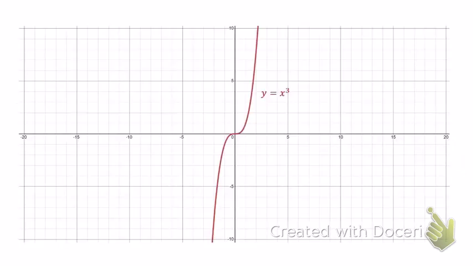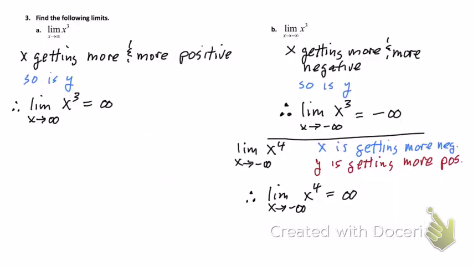And just for good measure, here's a graph of y equals x cubed. We can see as x increases toward positive infinity, our y's are increasing toward positive infinity. As x is decreasing toward negative infinity, our y's are decreasing toward negative infinity. And that's what we found back here.